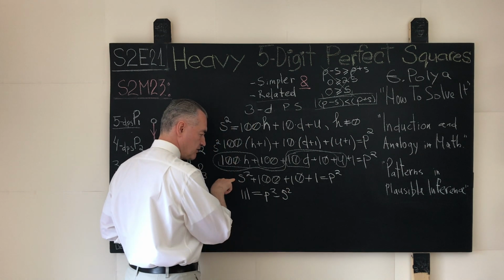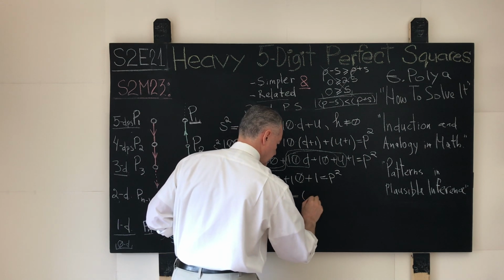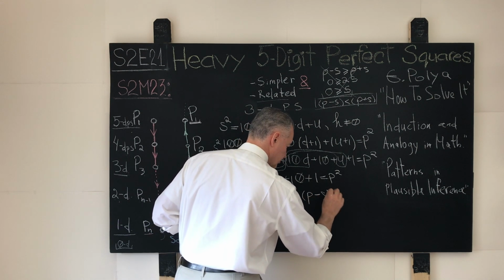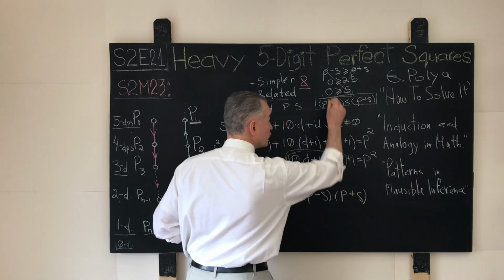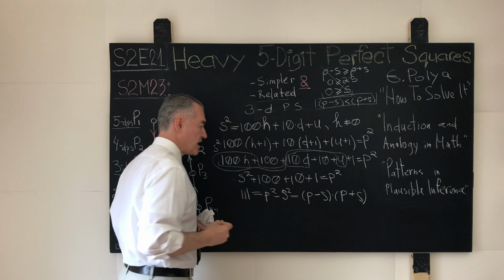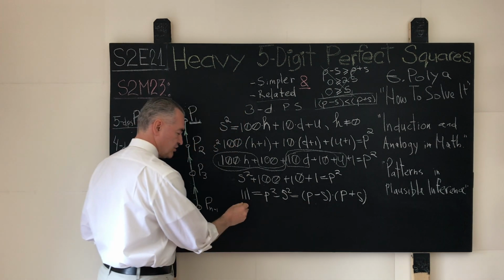We add negative s squared to each side of this equal sign. We factor it in a predictable way. We already know what's going on. Times p plus s. We proved all our analysis for the distribution of magnitudes of these two factors.